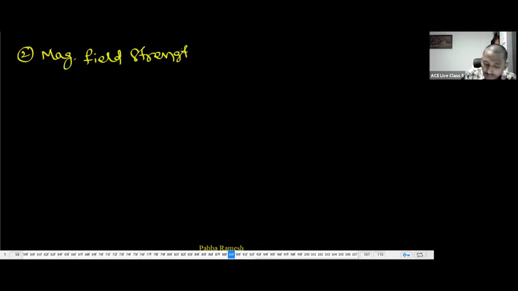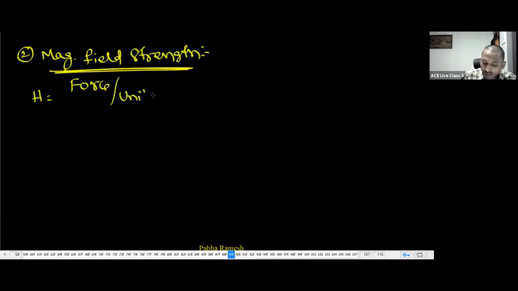Now after this, second one: magnetic field strength. Magnetic field strength H, what is the formula? This is force per unit pole strength. This is the basic formula.